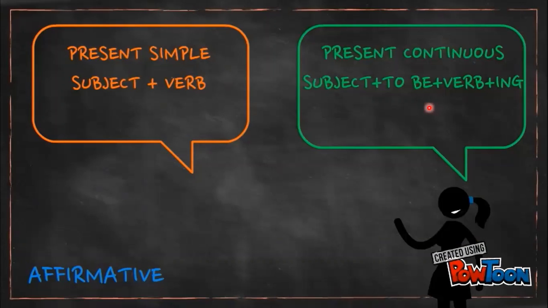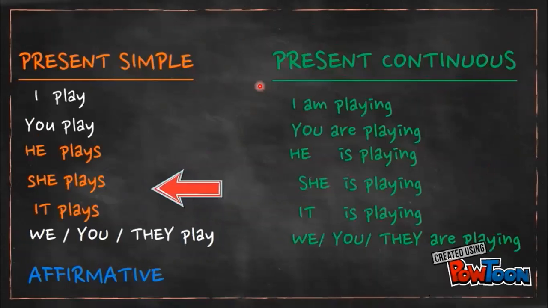And remember that verb to be in present continuous is, are, etc. Here on the left in orange, it says present simple. Remember we said before, subject and verb? Here it is, in present. And with this arrow, I'm pointing letter S. It's something you shouldn't forget when you are writing or speaking in present.